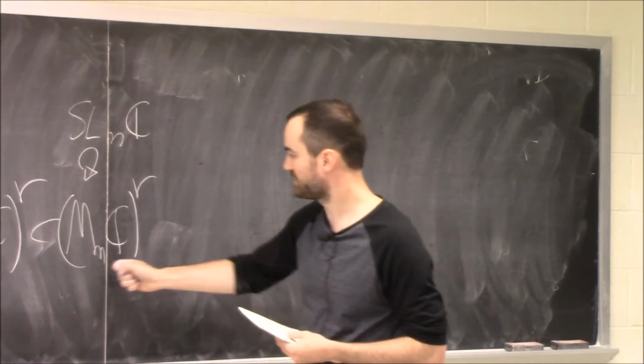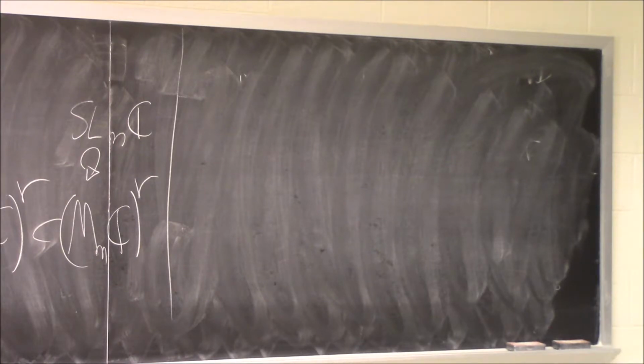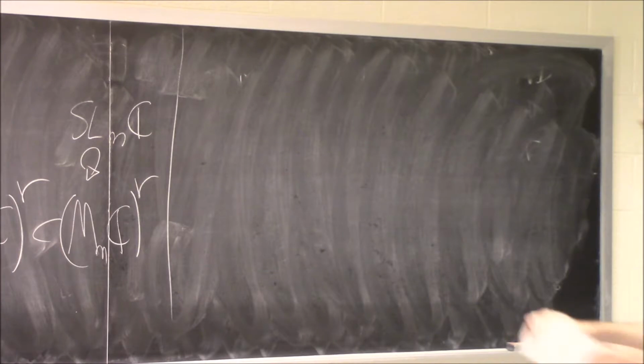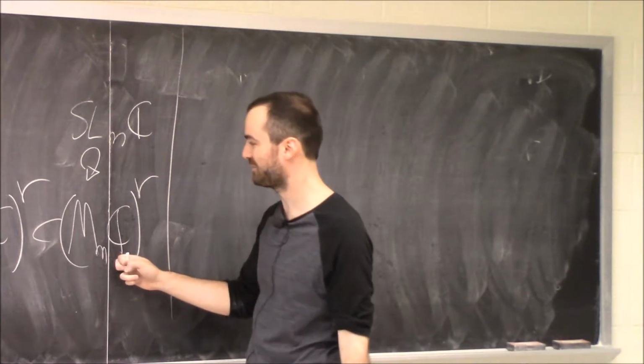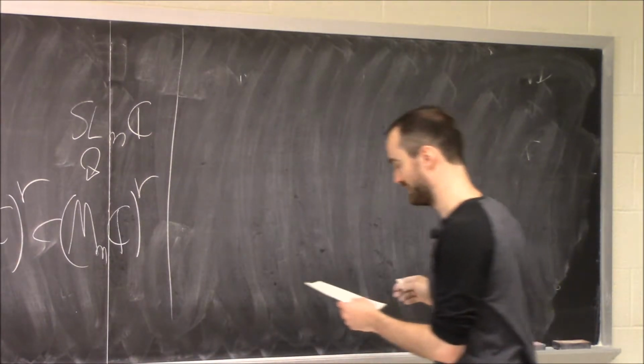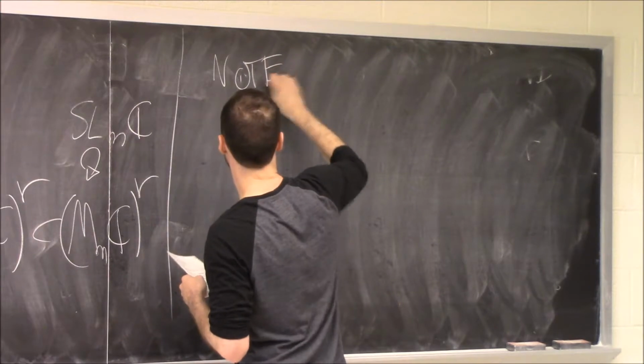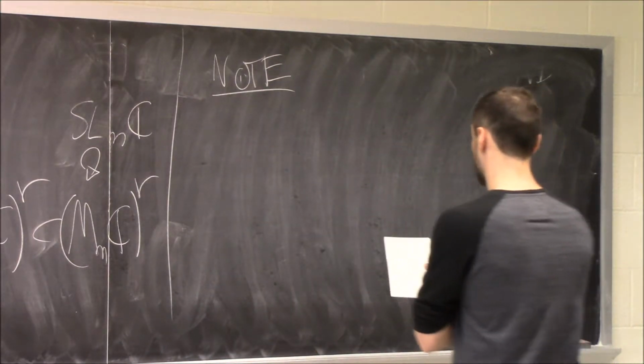And now the reason why I'm making such a fuss out of this space is because the next piece of structure I'm going to talk on is that we have a natural Hermitian inner product on this space of matrices. And this natural Hermitian inner product will induce kind of a norm on the representations. And that's going to be kind of the key to the argument. So note, this is kind of recall from linear algebra 1.